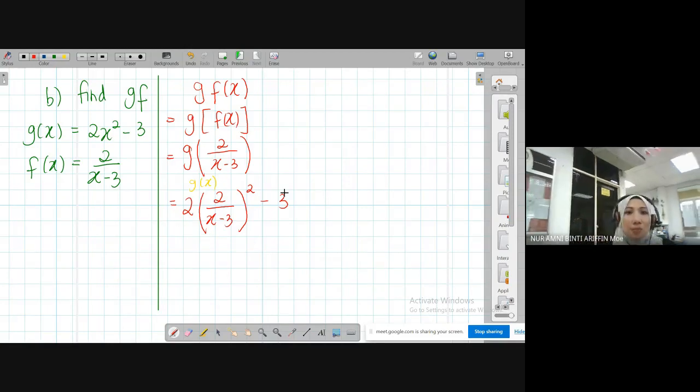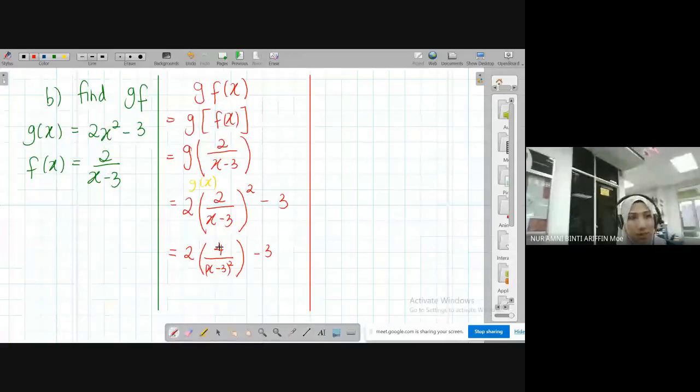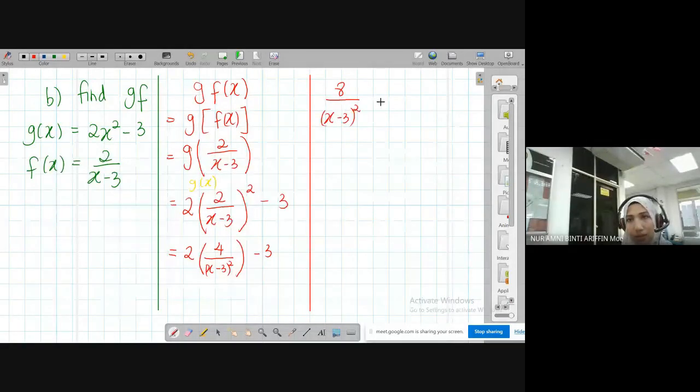Either you expand, or you can use it like this: 2 squared becomes 4 over (x minus 3) squared, minus 3. So after that, 2 times 4 is 8. So 8 over (x minus 3) squared minus 3.